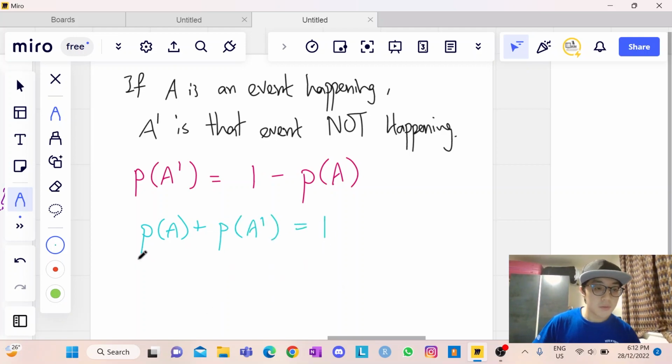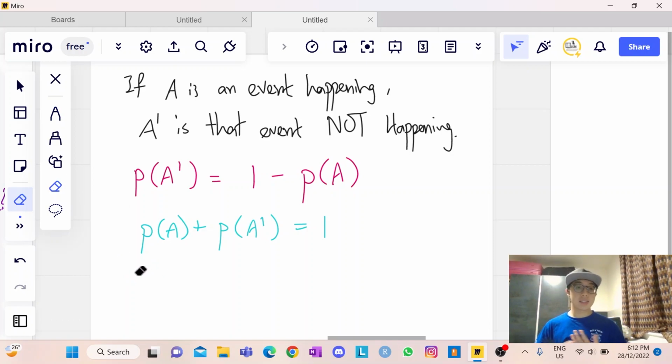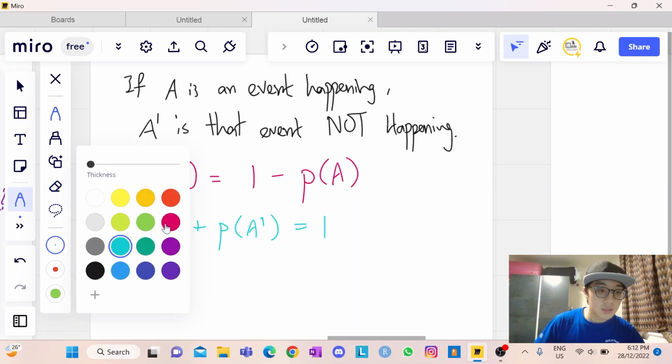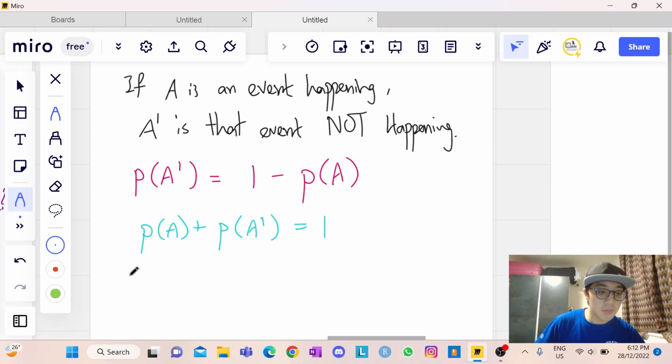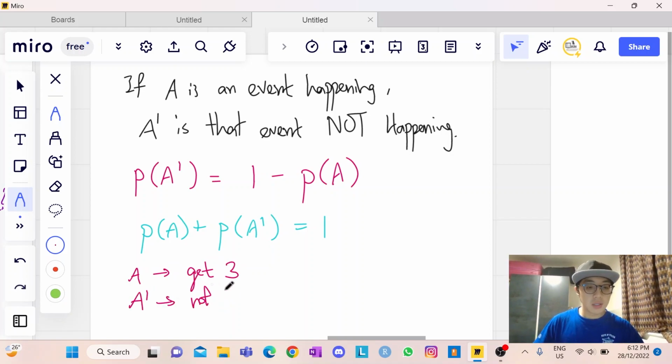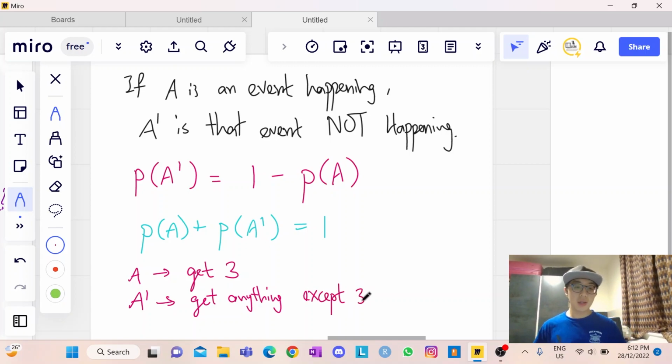So in the same dice example, if you say A is get 3, and A prime is not getting anything except 3, out of 1, 2, 3, 4, 5, 6, this is only 1 out of 6.